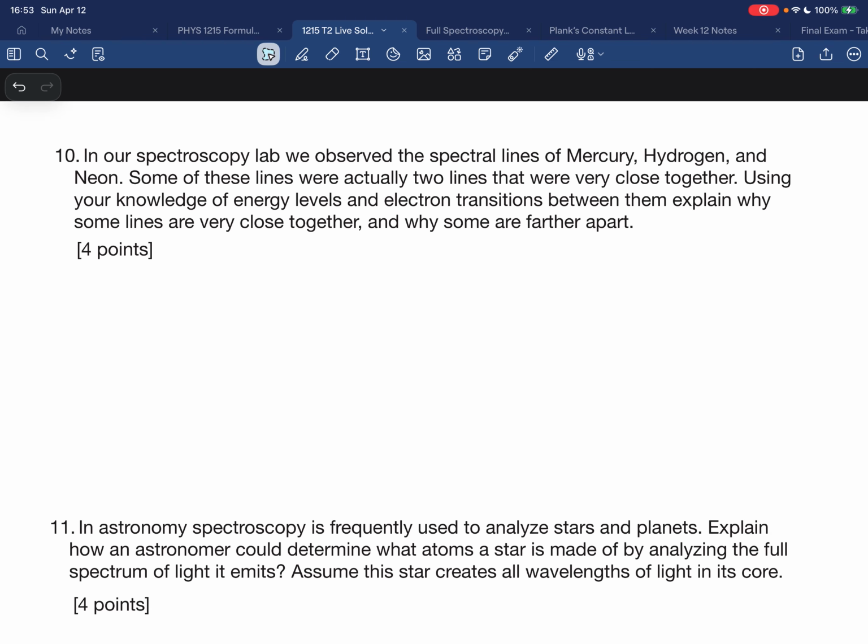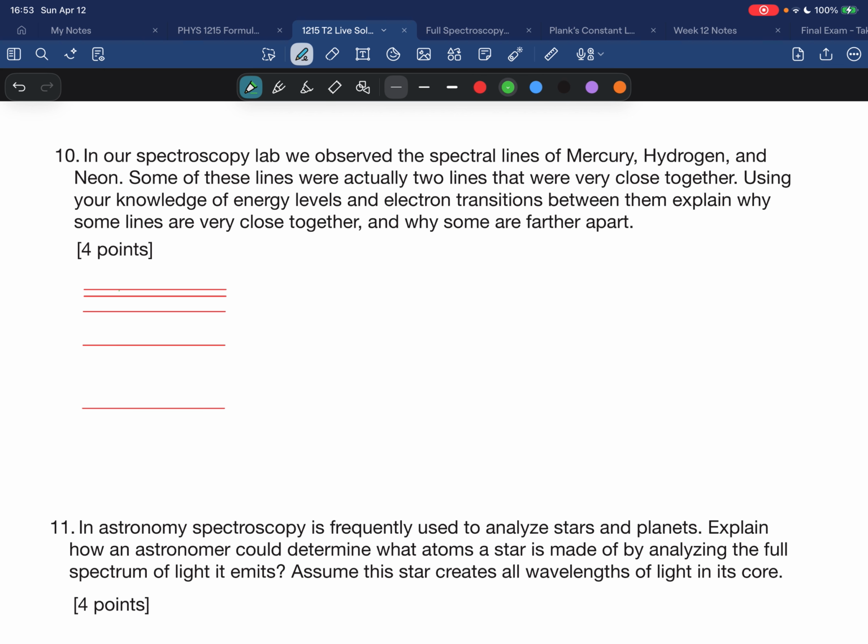So if we have an energy level here, and another one here, another one here, and here, and I'll put the last one down here. If these are energy levels, and we have an electron on this one, and an electron on this one, and they both jump all the way down to here, this total jump is very, very similar.